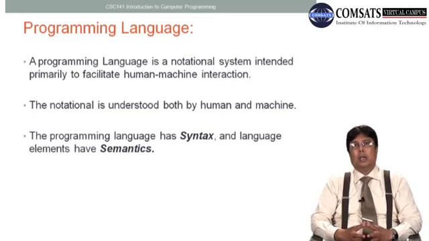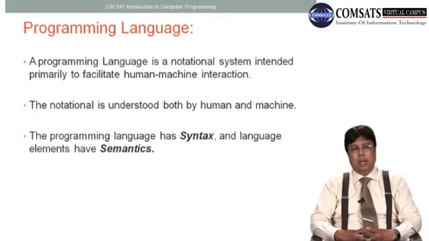If you want to communicate with a Chinese who doesn't know English, and you are talking in English, or if you are talking in Urdu, he will not be able to understand that. So in order to communicate in a language among two parties, both the parties should know the language. So any language or any notation used by the language should be understood both by the computer as well as by the human being.